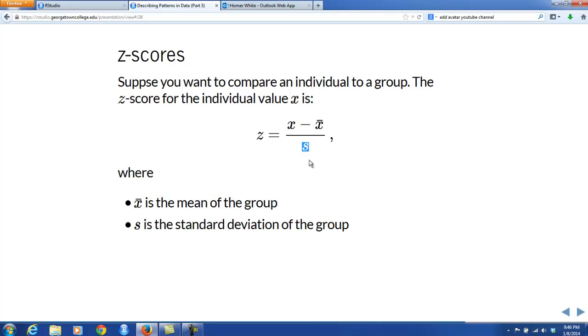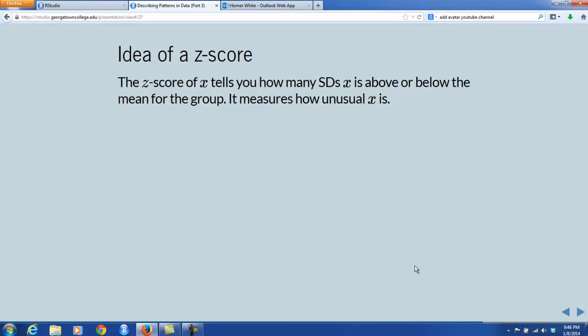So it's telling you how many standard deviations x is above or below the mean for the group. Therefore, it's a measure of how unusual the value x is. If z is really big or a really small negative number, then that means that x is a lot of standard deviations above the average or a lot of standard deviations below the average, and that makes it unusual.